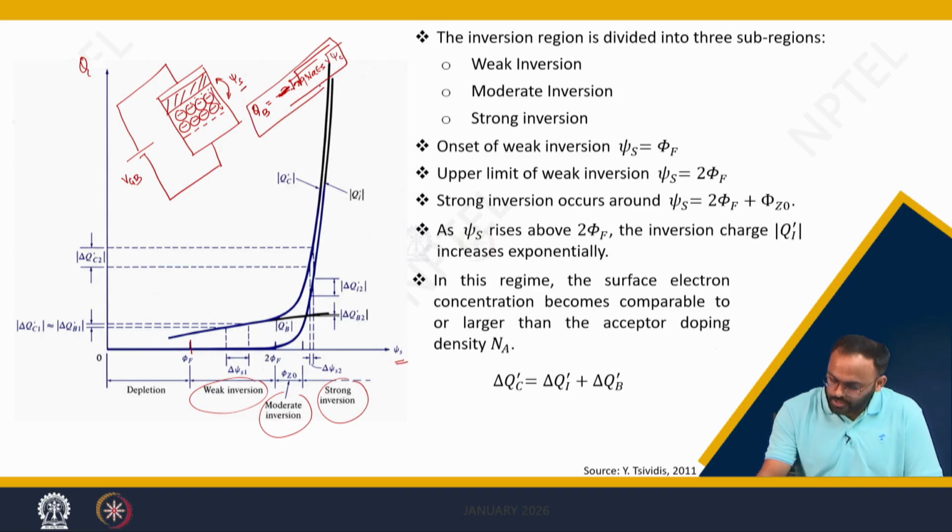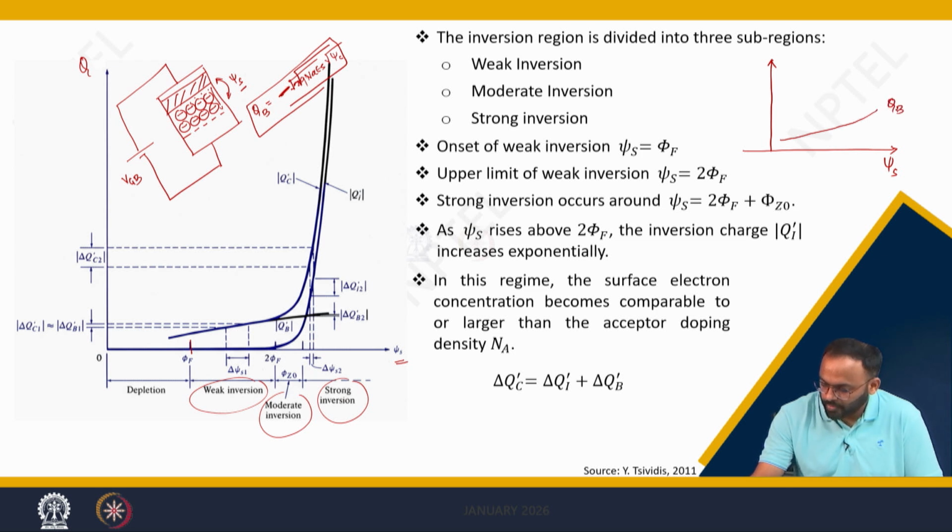When you plot this, it looks like this. You are plotting the total charge with respect to psi_s. This will give you Q_B dash, and Q_B dash is approximately constant even beyond phi_f.